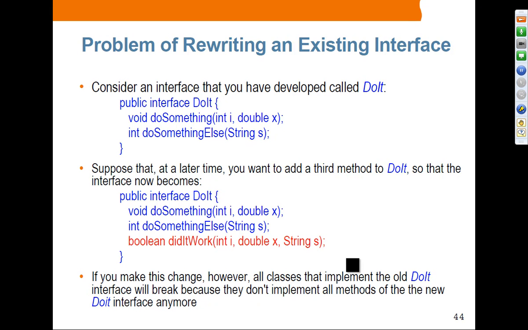Now the problem of this approach is that all the existing implementation classes will fail, because they did not implement all abstract methods of this interface anymore, because they have not implemented this did it work method. So this is a problem. How can we solve this problem?